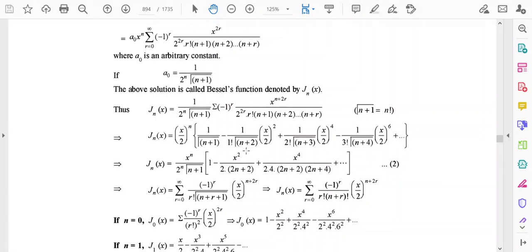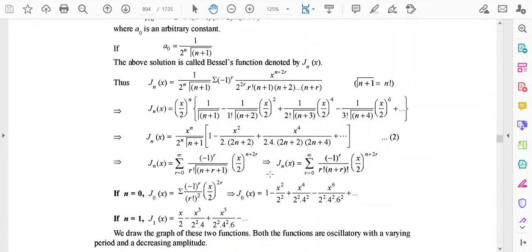For this purpose we have to write the gamma function in this way: suppose this is gamma n plus 2, this can be written as n plus 1 plus 1, and we know that gamma n plus 1 can be written as n gamma n. In this way we can take gamma n plus 1 common from the denominators.